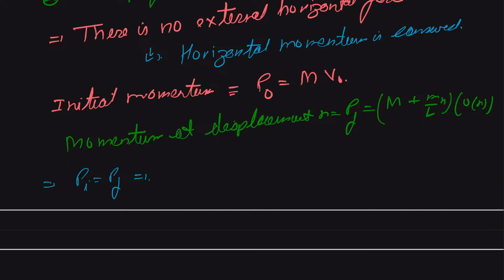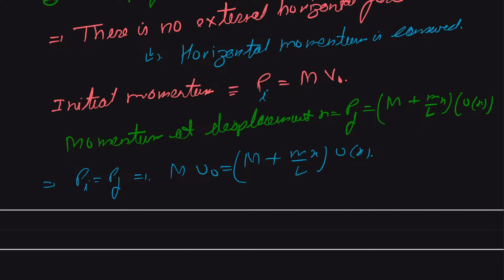So we get m v naught is equal to (M plus m) times v of x.